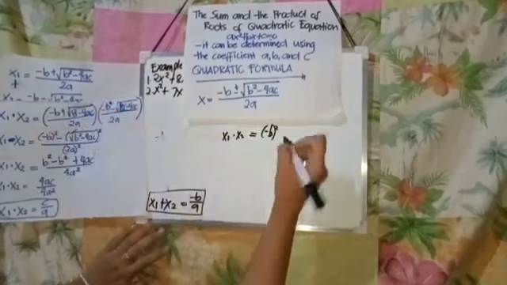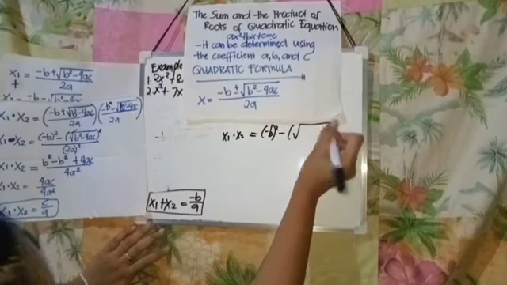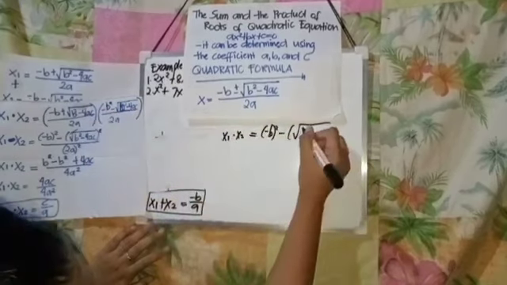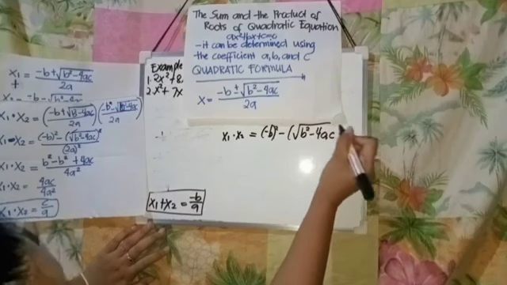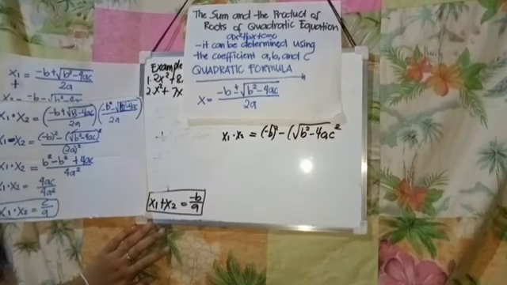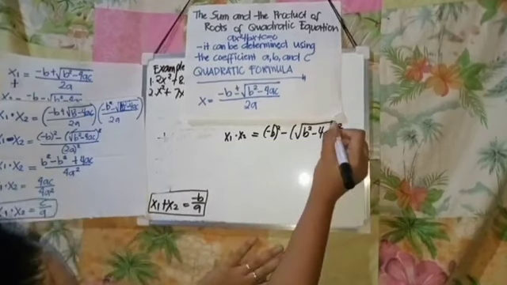Positive times negative is negative, square root of b squared minus 4ac, still the same, squared. Squared means they have 2.